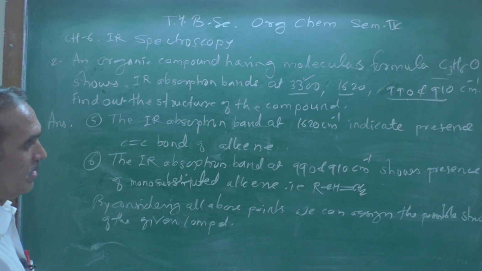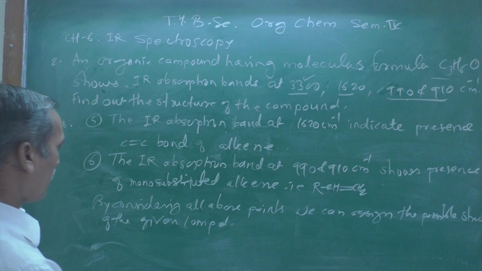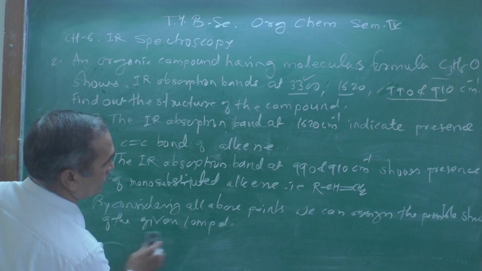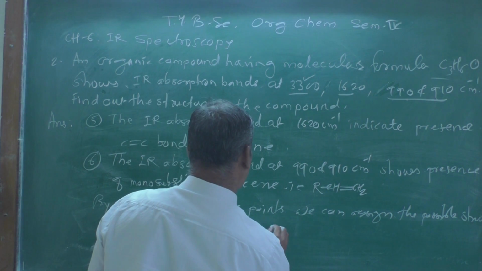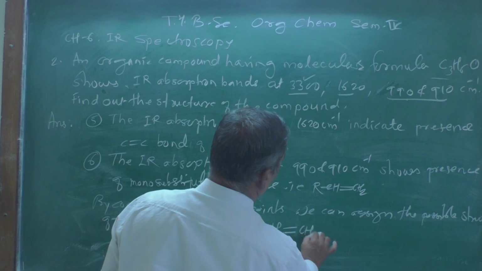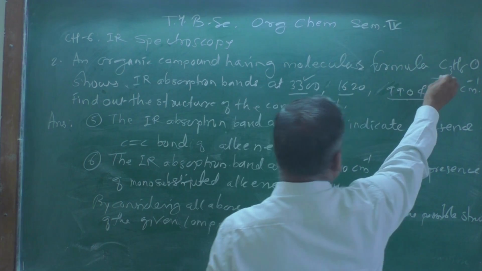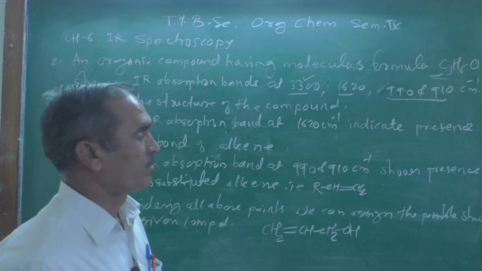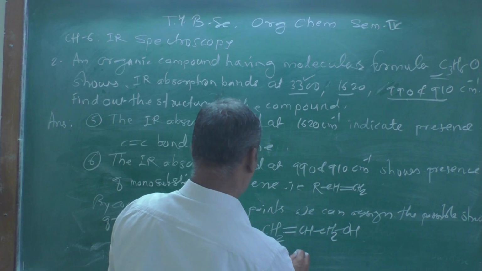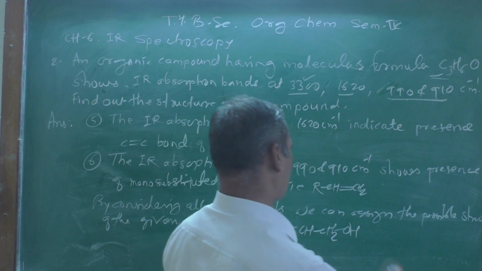Now there is a possibility, right? Let me write two structures: CH2 double bond CH, then CH2 OH. Look, there are 3 carbon atoms, 6 hydrogen atoms, and 1 oxygen atom.